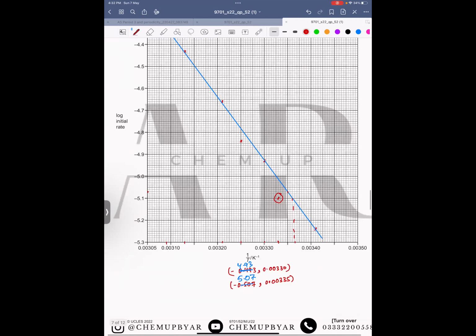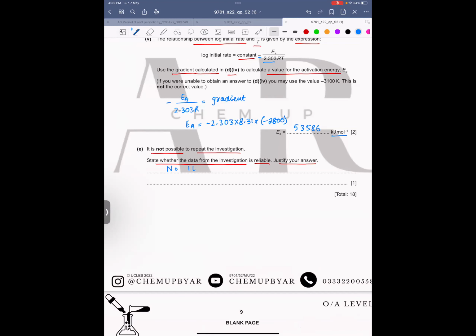So we can say, no, it is not reliable because there are anomalous points on graph.